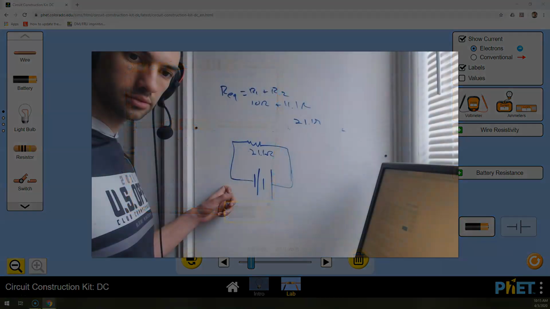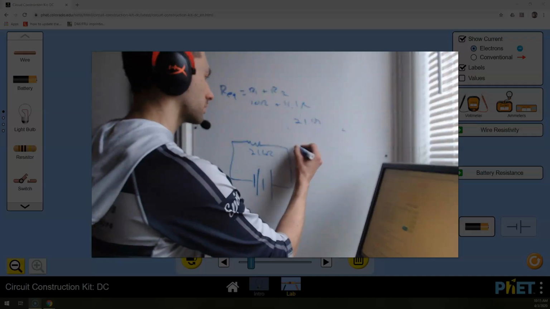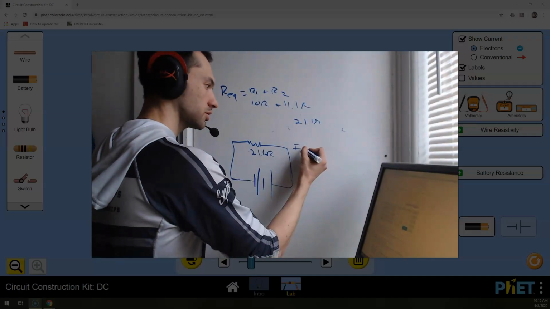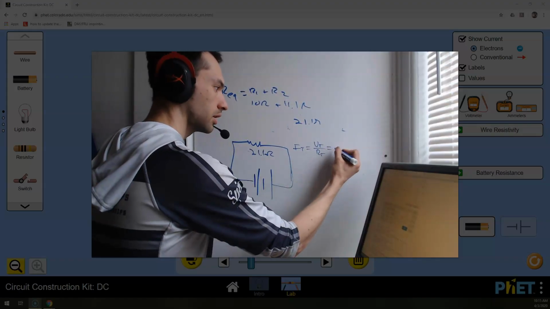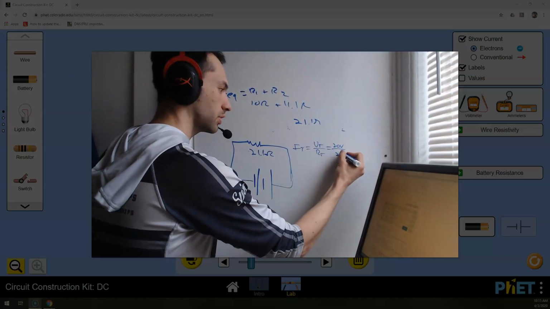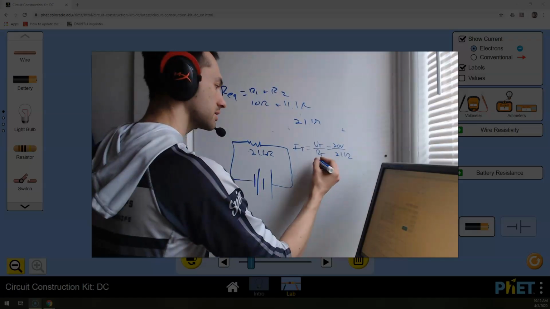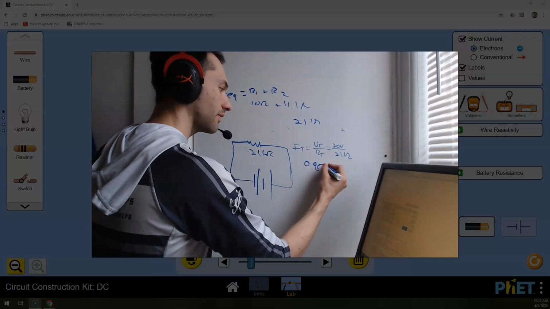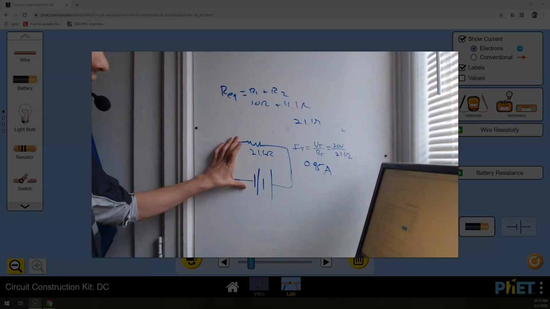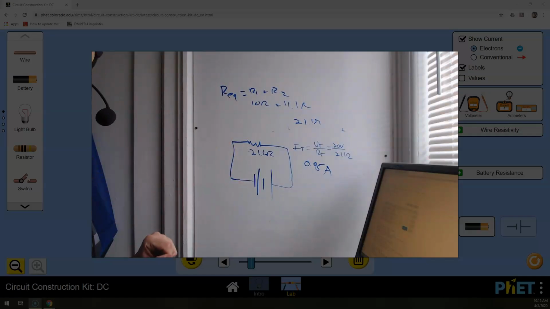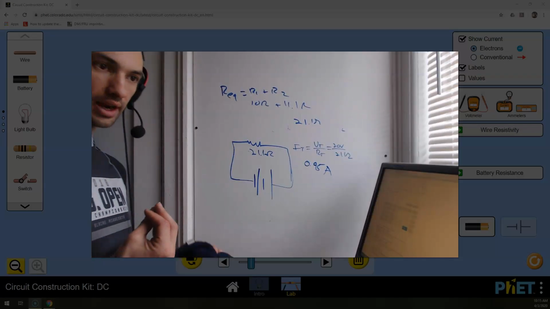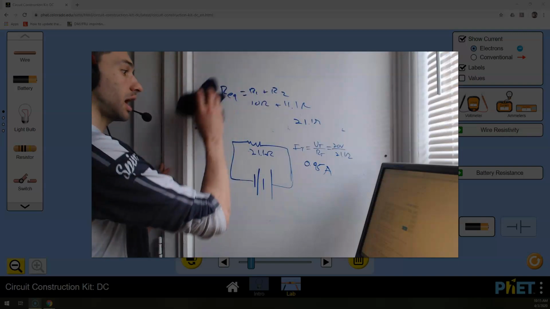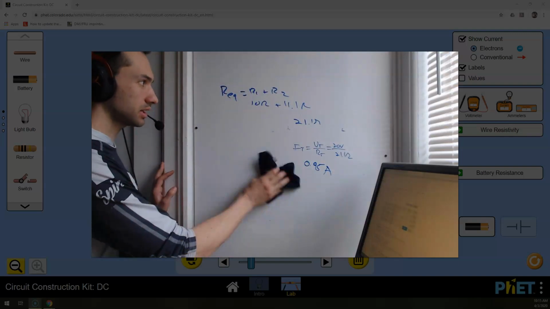The current total through this circuit is the voltage total divided by the resistance total, which is 20 volts divided by 21.1 ohms, and that is 0.95 amps. So this circuit gets 0.95 amps. Cool. Now that I found out the current that it gets, I'm going to go back to my crazy complicated circuit.